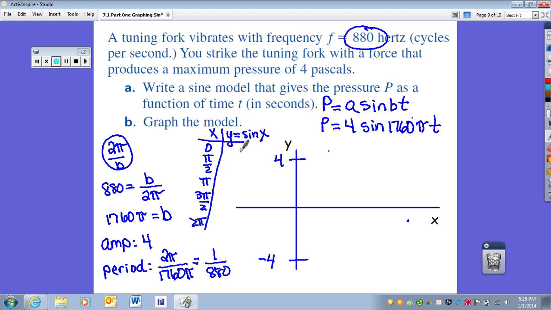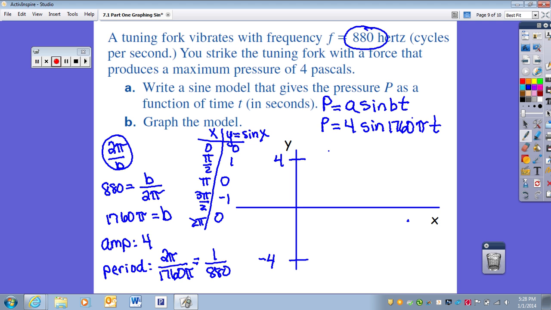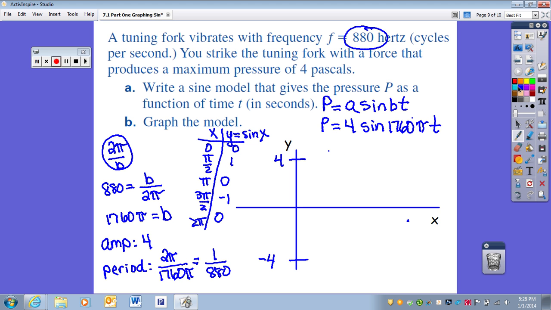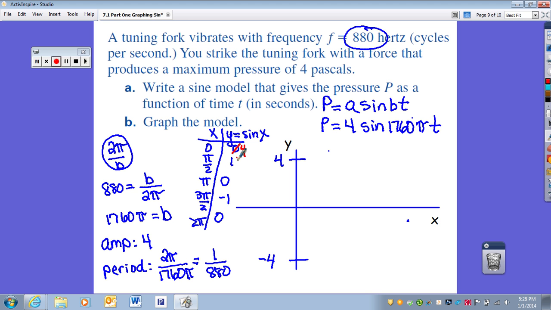And our values are 0, 1, 0, -1, back to 0. But our amplitude now is going to be 4 times larger. So what we'd like to do then is multiply each of these by 4. So we're going to be at 0, 4, 0, negative 4, and back to 0.